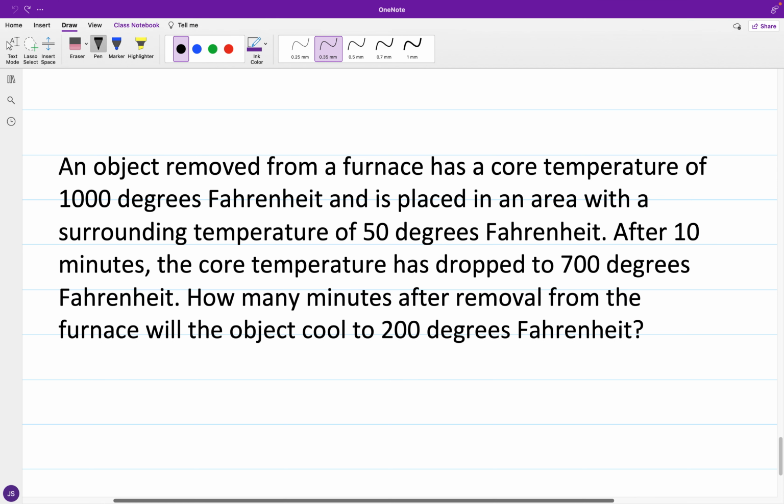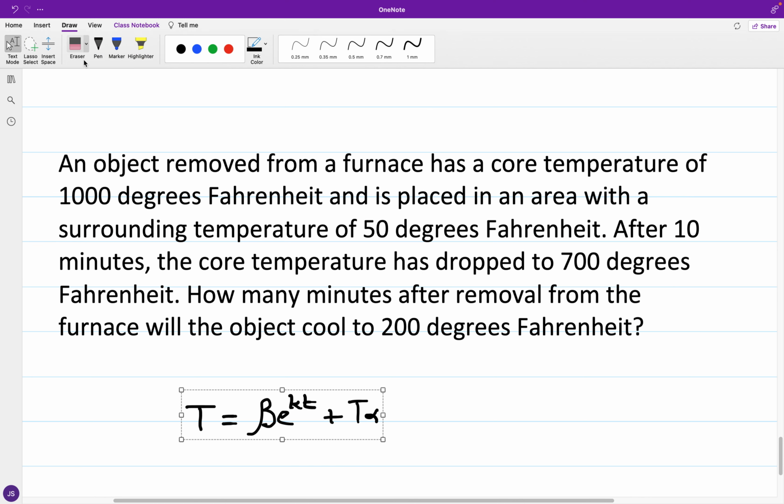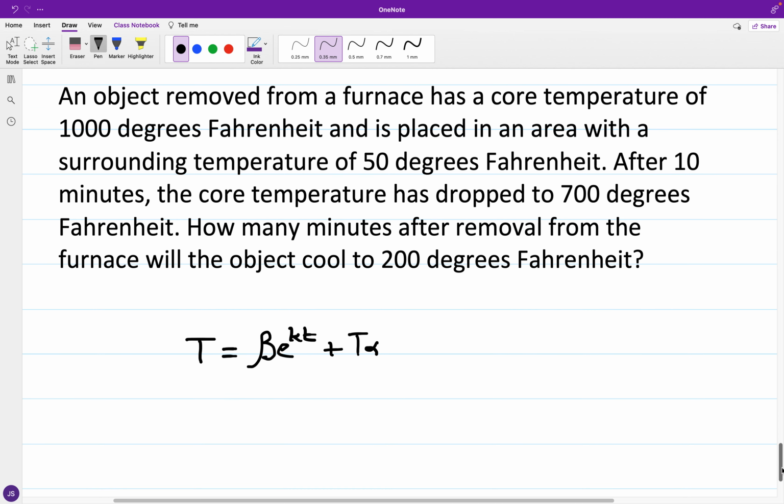So again, with Newton's law of cooling, just transferring over our formula, the core temperature is equal to the constant beta times e to the kt plus the ambient or surrounding temperature. Some things we can mention: we have two phases regarding time.